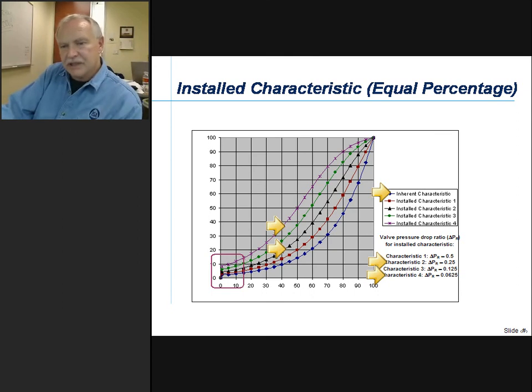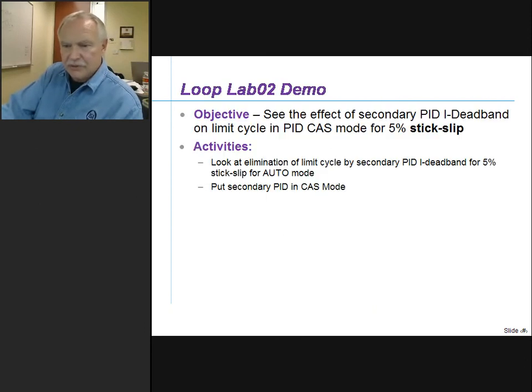Well, let's see for our next objective the effect of a secondary PID deadband on the limit cycle in the CAS mode for 5%. But first we'll look at whether we were able to eliminate the limit cycle in the secondary PID by use of the deadband in the secondary PID for this 5% stick slip while it was still in the auto mode.